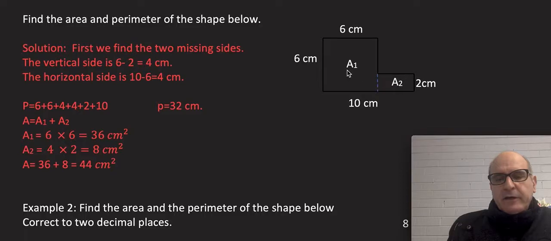As for area, as you can see, we split it up into two areas. The first one is a square, and you can find this area by multiplying 6 by 6. So 6 times 6 is 36. Because each side is in centimeters, the unit will be square centimeters. And this is a rectangle with 2 on this side and 4 on this side.